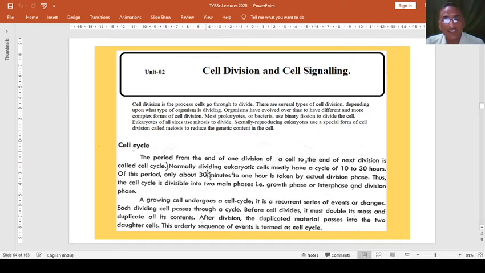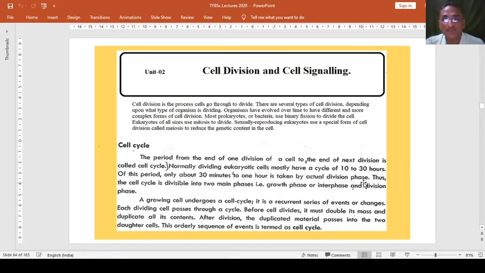Normally, dividing eukaryotic cells have a cycle of 10 to 30 hours. It depends on the type of cells and the type of organism. Of this period, only about 30 minutes to 1 hour is taken by the actual division phase, the last phase.